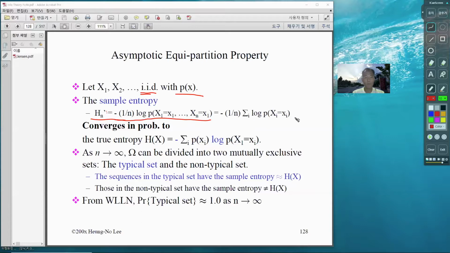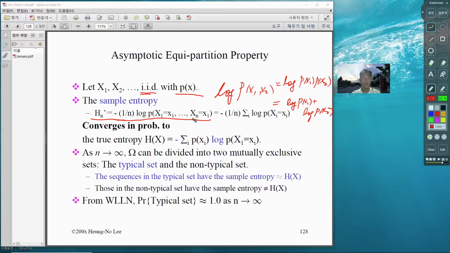For example, log of p(x1, x2) is equal to log of p(x1) p(x2), which is nothing but log p(x1) plus log p(x2).